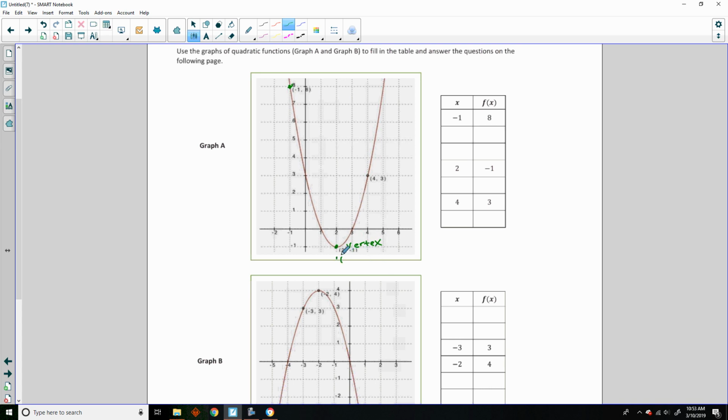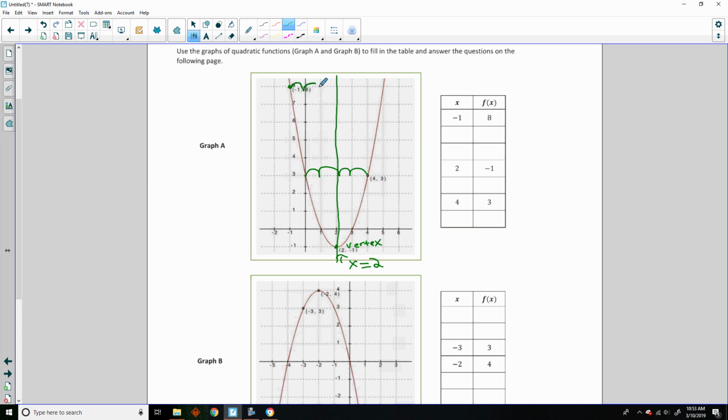And the x value of the vertex is the axis of symmetry. So the axis of symmetry is x equals our x value, 2. So if I drew a vertical line right here, that is our axis of symmetry. So every point, this is 1, 2 units from the axis of symmetry. This is 1, 2 units from the axis of symmetry.